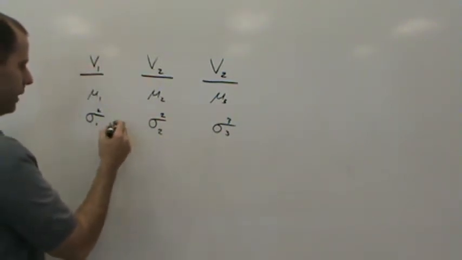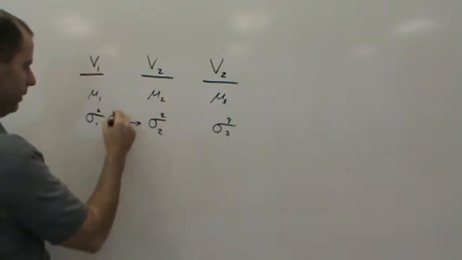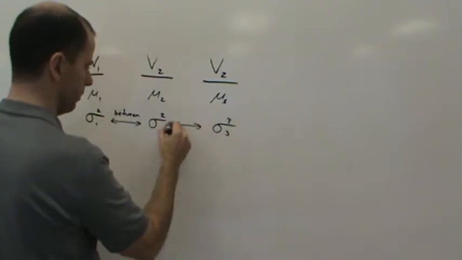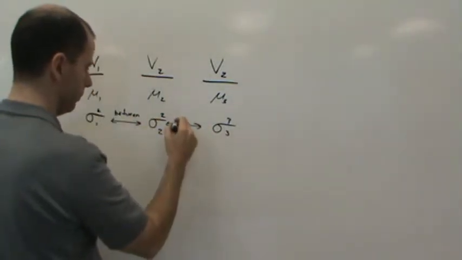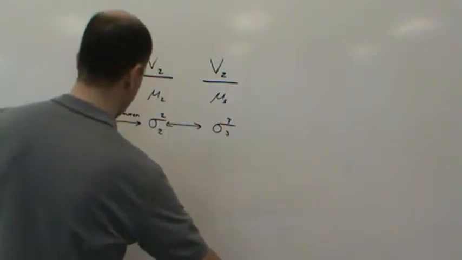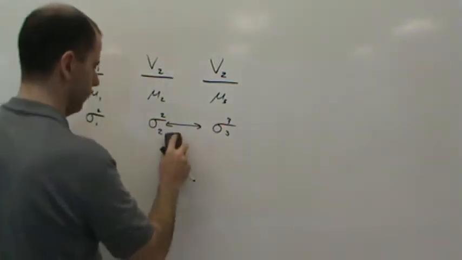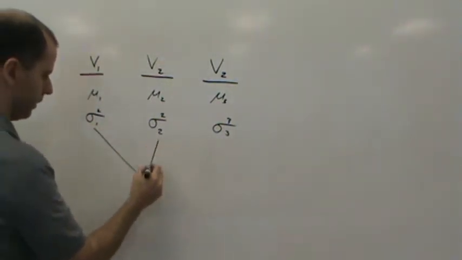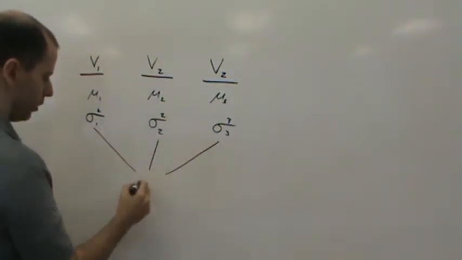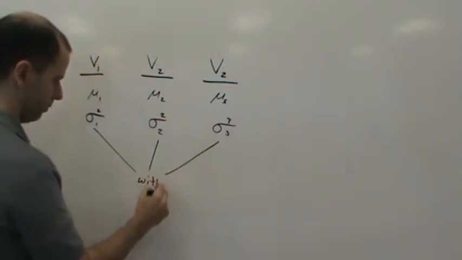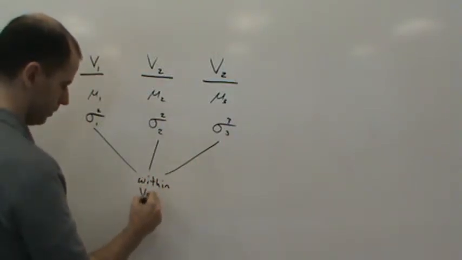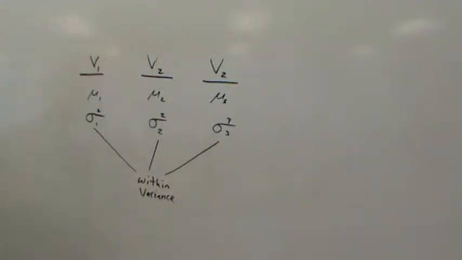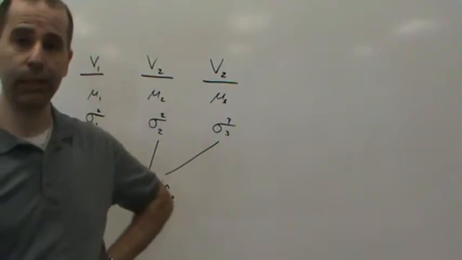So what do we call this? It's the in-between variation. Or excuse me, I'm sorry, not between, within. So this, this, and this are called the within variation. Okay, the within variance.